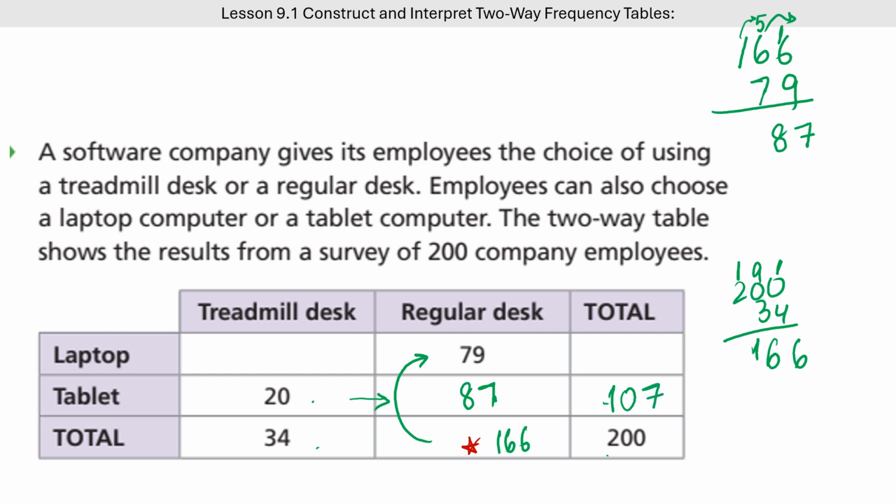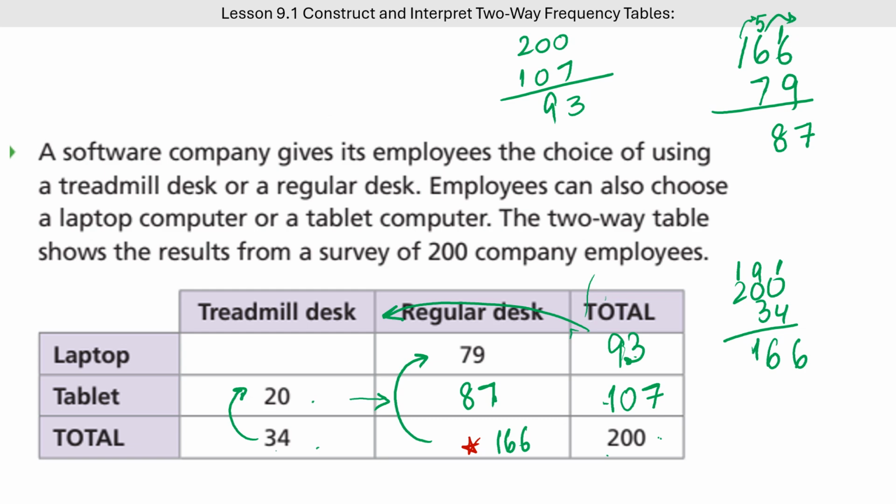Now, if I have again the total I want to reach here, I subtract. So 200 minus 107 gives me 93. Again, if total is given and I want to go backward, I subtract, or I subtract from here to here also.